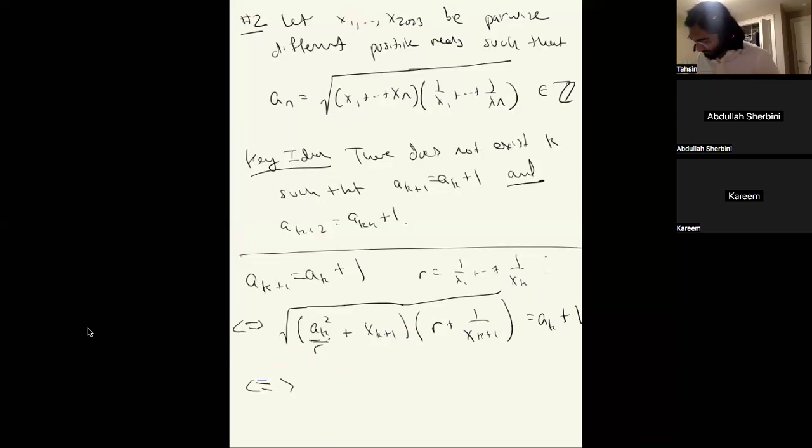So it gives us AK squared plus rxk plus 1 plus AK squared over r times 1 over xk plus 1 equals ak squared plus 2ak plus 1.